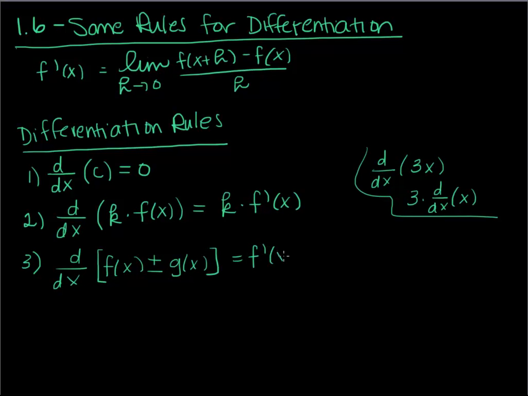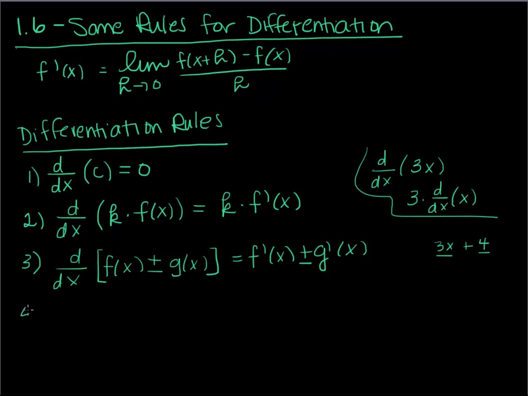I get f prime of x plus g prime of x, or minus, depending on whether it's addition or subtraction. We're going to do a lot of examples of this. If I had 3x plus 4 and wanted to take the derivative of that, I would take the derivative of 3x, then the derivative of 4, and then add those together. That's what that rule is saying right there.